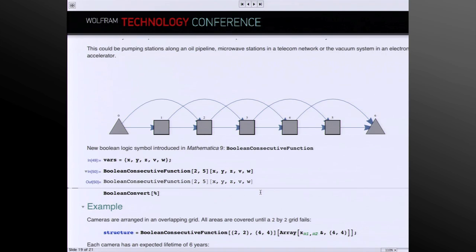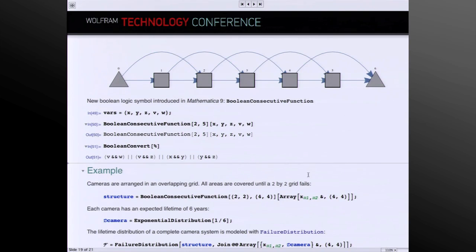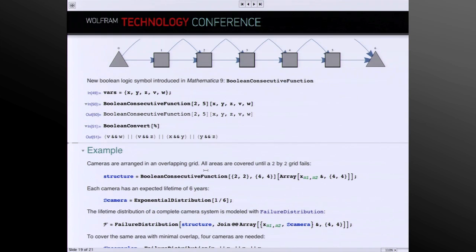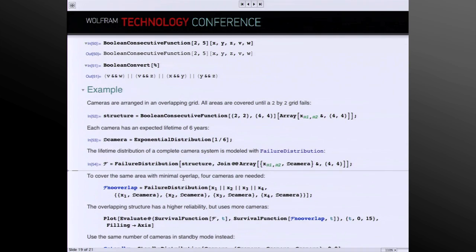So it stays, but if you want to really look at the expression, you can convert it and expand it out to the equivalent Boolean expression. And you'll model this the same way as you do for other Boolean expressions. So you have a structure, and then you have the failure rates for components, and then you can just bake that into a failure distribution or reliability distribution.